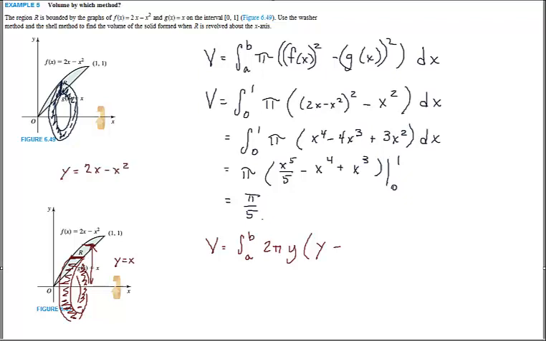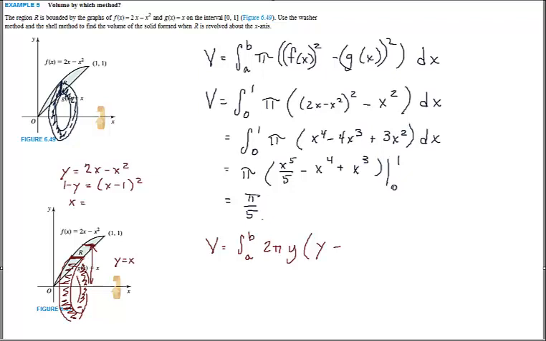Alright, well, this one certainly is messy. I had to rewrite that because I'm going to have to complete the square in order to solve for x. In completing the square, you'll end up with 1 minus y equals x minus 1 quantity squared, and then you'll take the square root of both sides, remembering that you have a plus or minus case on that square root.